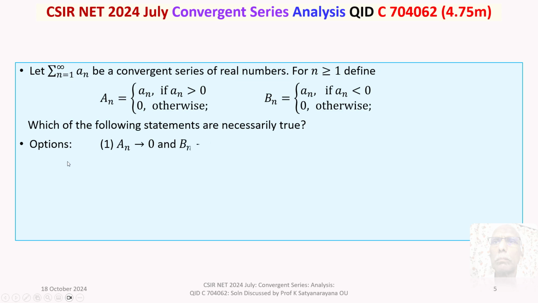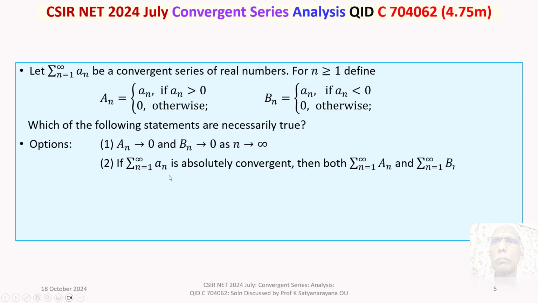We are given 4 options. Option 1, capital A n tends to 0 and capital B n tends to 0 as n tends to infinity. Option 2, if sigma a n is absolutely convergent, then both sigma capital A n and sigma capital B n are absolutely convergent.